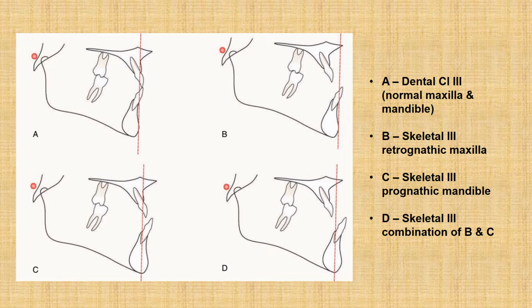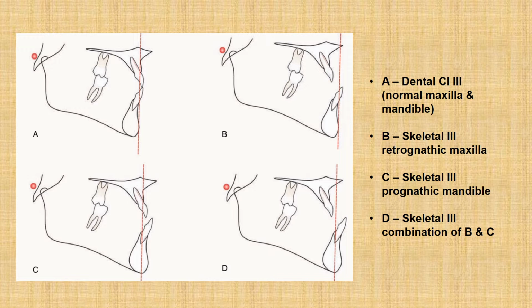Now in B, we have a skeletal Class 3 due to a retrognathic maxilla, but the mandible is in the normal position. In C, we again see a skeletal Class 3 malocclusion, but it is due to a prognathic mandible, whereas the maxilla is normally placed.